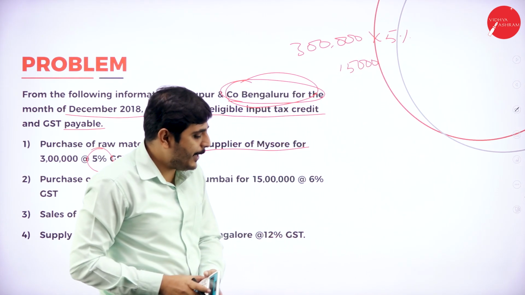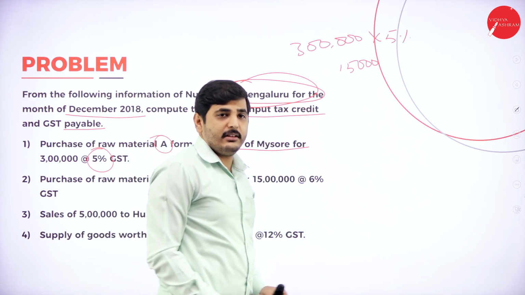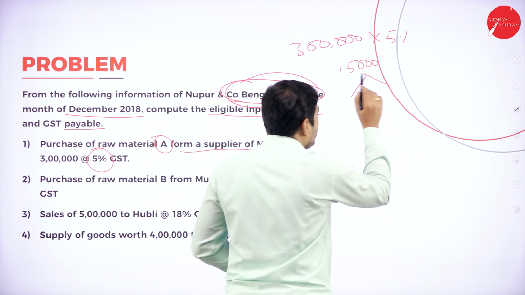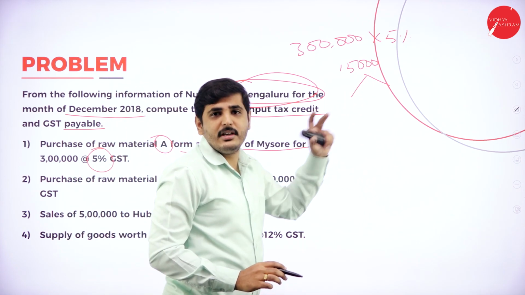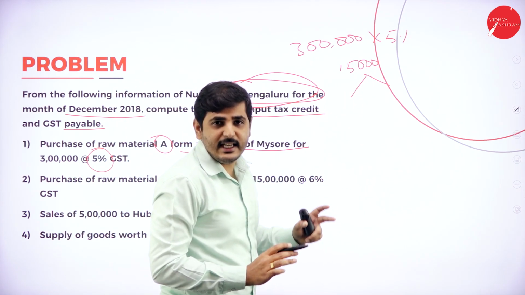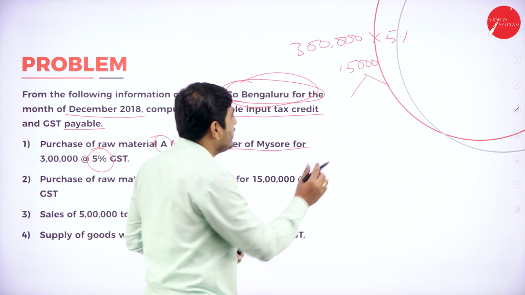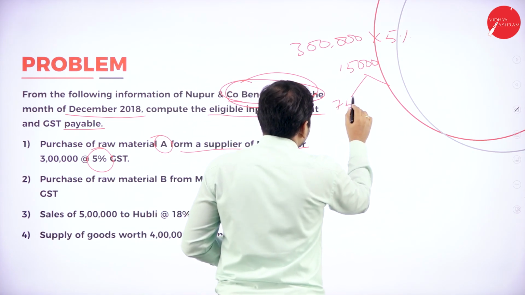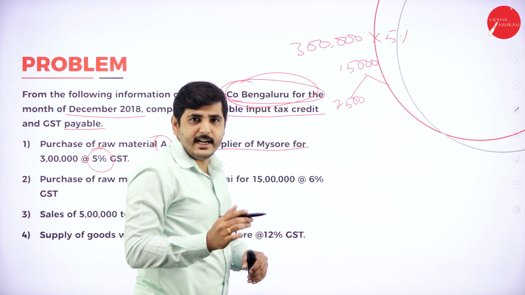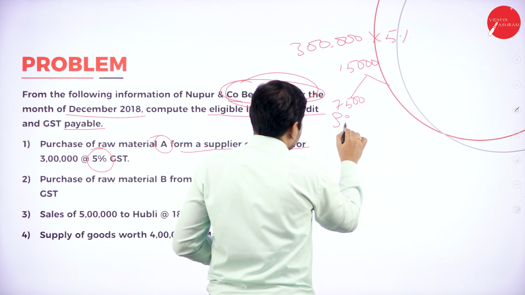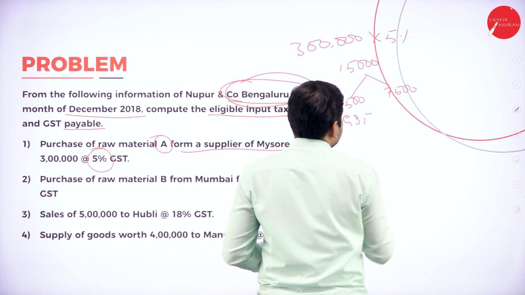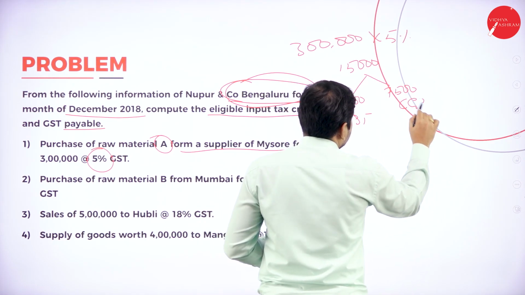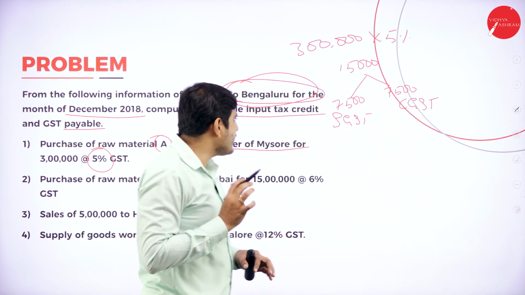Out of 15,000, 50% should go to the state government and the remaining 50% should go to the central government as SGST and CGST. So what are the amounts distributed? 7,500 goes to the state government as SGST. The remaining 7,500 goes to the central government as CGST. I hope you are understanding.